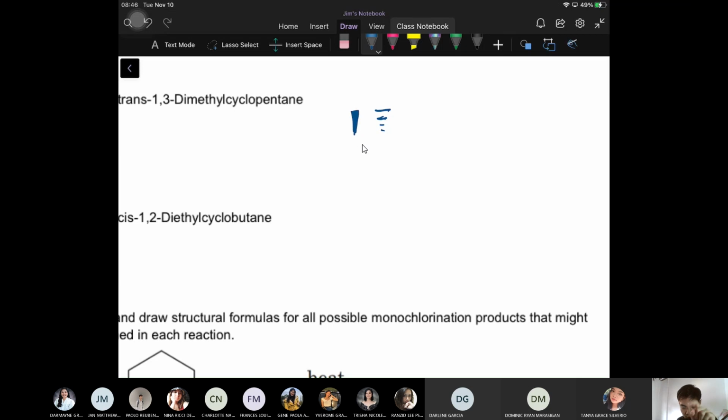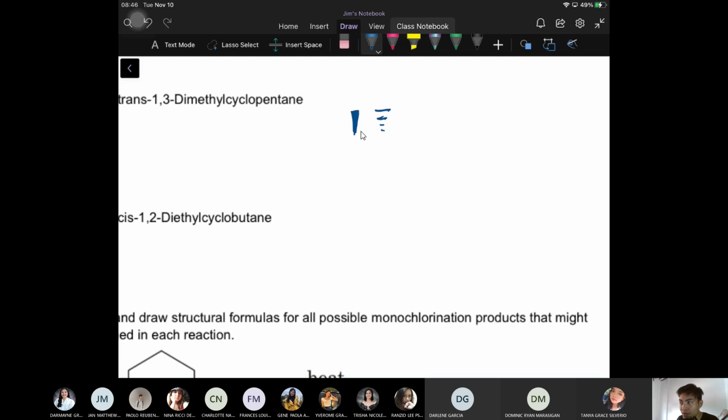The bond is sticking out in front of you, pointing towards your face. When it is dashed, it means it is pointing away from you. It's behind your screen.